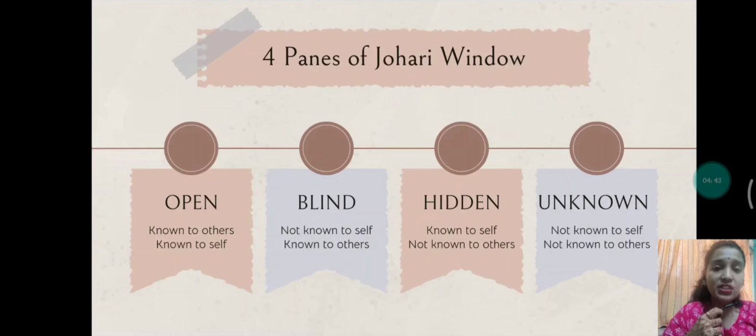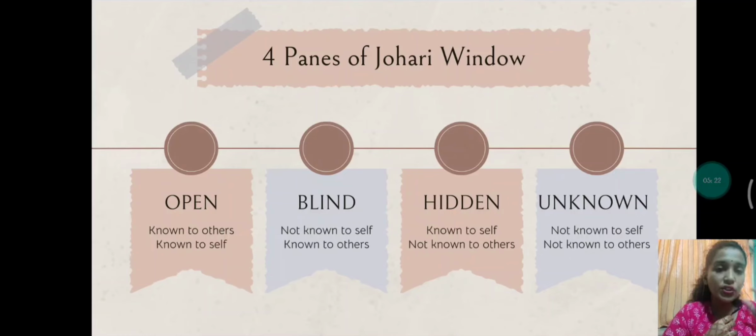In the open area, you know about yourself and others also know about you. In the blind area, you are unaware about it, but others know. Hidden is where you know it but you don't want to reveal it to others. The last one is where you are unconscious, you don't know what is happening or what your feelings are, and others also don't know even after observing you. This was confusing phrasing, but we will understand further while going in depth.